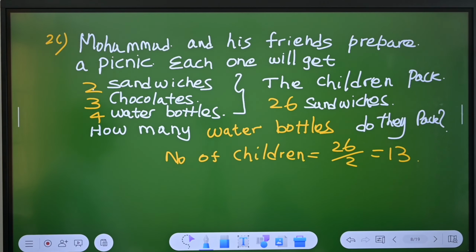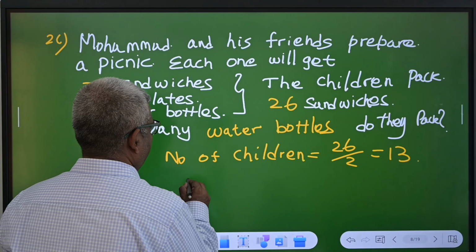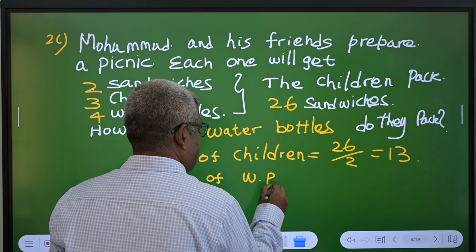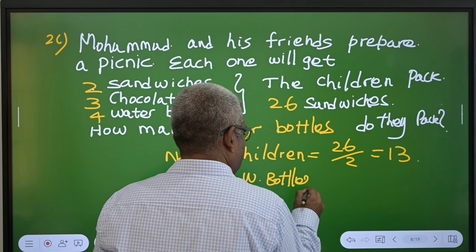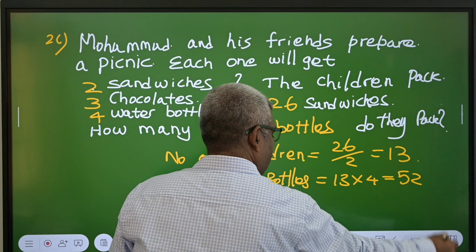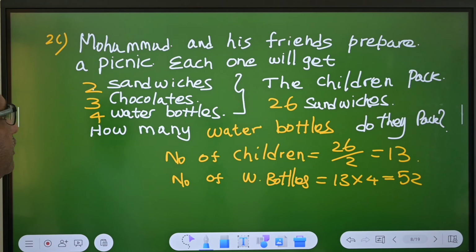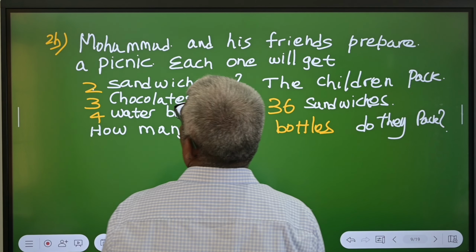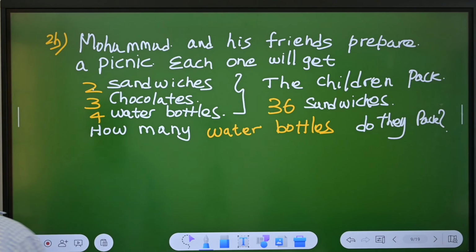Then 13 into 4, number of water bottles. You are doing very wonderful. Okay. That is 2C, this is 2B.